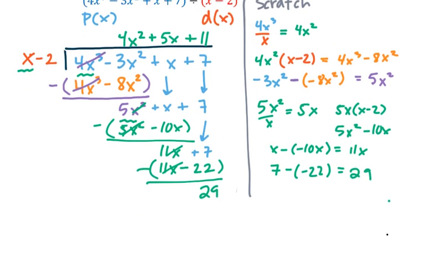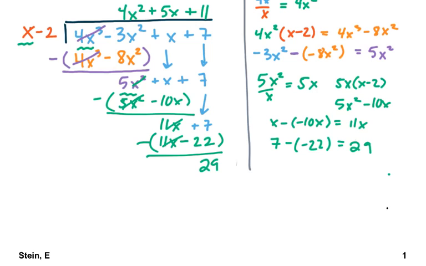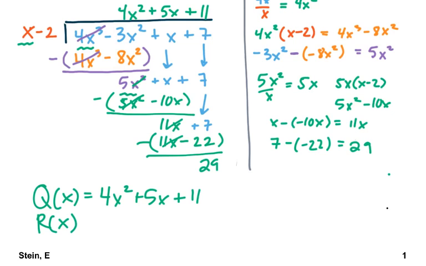So my quotient in this situation, my quotient's what I have up on top. Q of x equals 4x squared plus 5x plus 11. R of x equals 29.